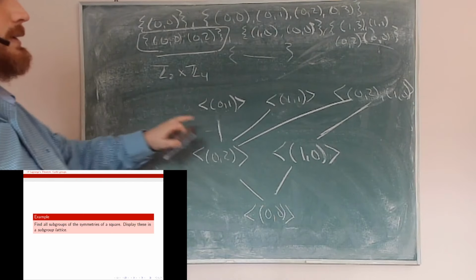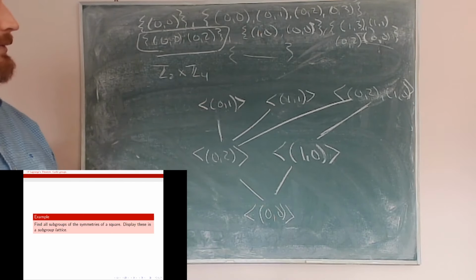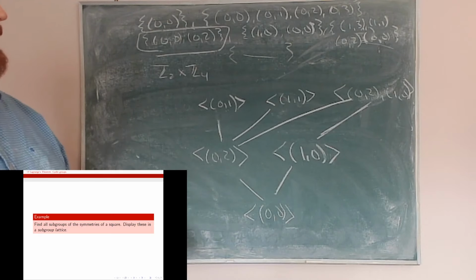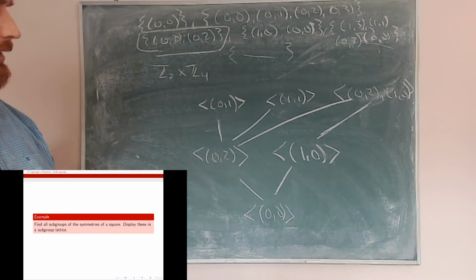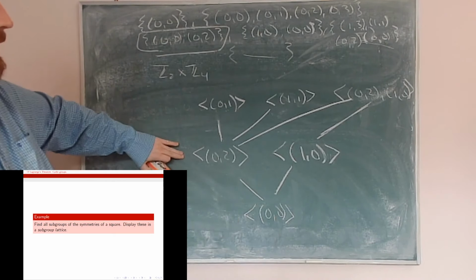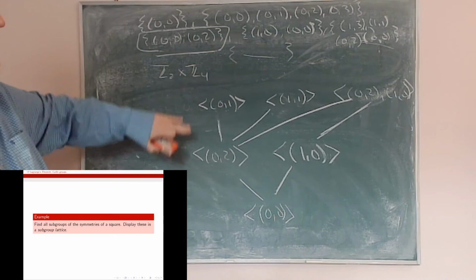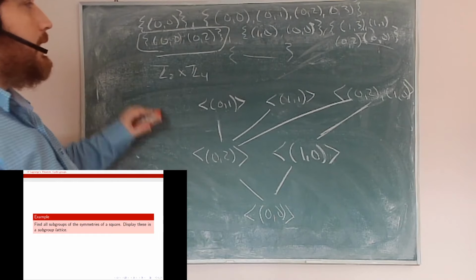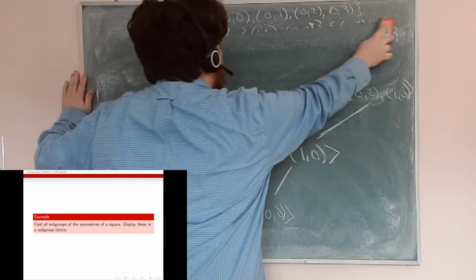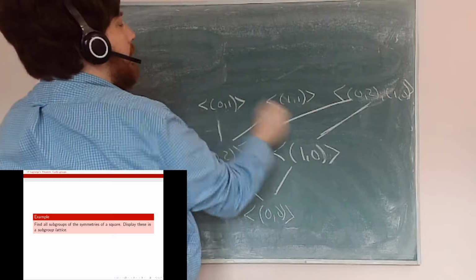Notice, however, that it does not include this group or this group, so I'm not going to draw a line going down at all, and those are on their own level. So I have 1 element groups, 2 element groups, 4 element groups, and each contains the ones below it by drawing lines down. Now I have almost all of them. The only thing I have left is the entire thing.